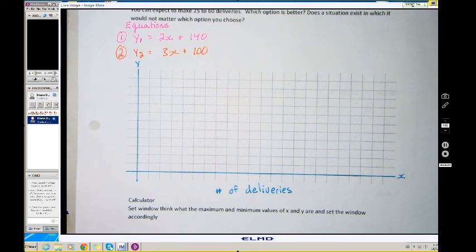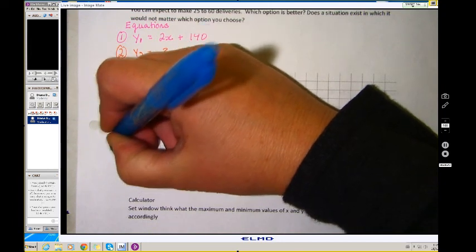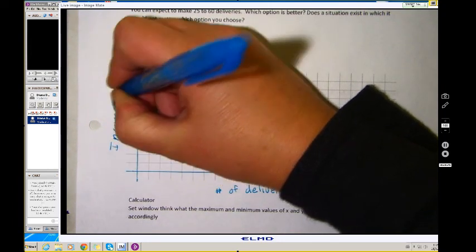What's a word we could use for y? You add your base amount plus your deliveries. What would that be when you get your paycheck? Income, yeah. Income or wage, I guess. And that'll be in dollars.